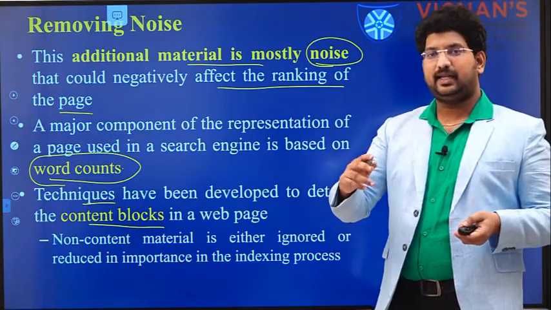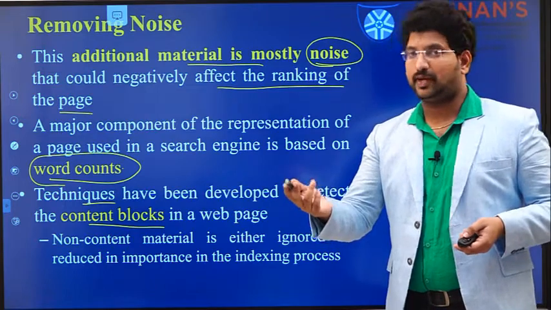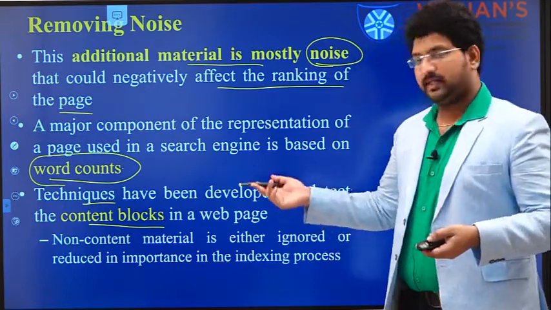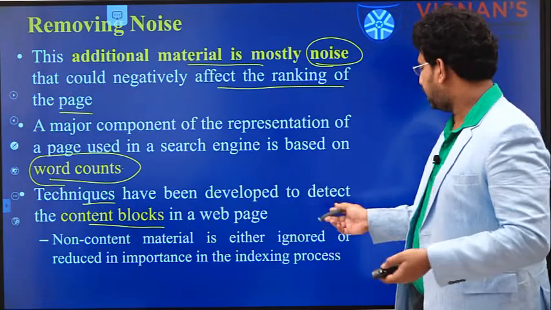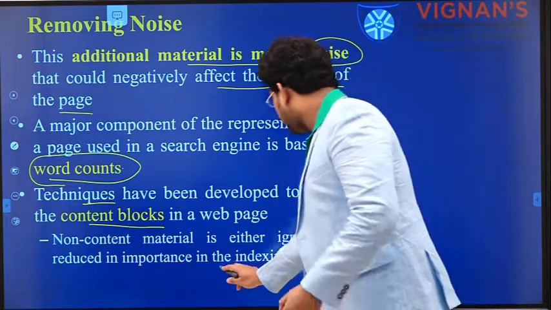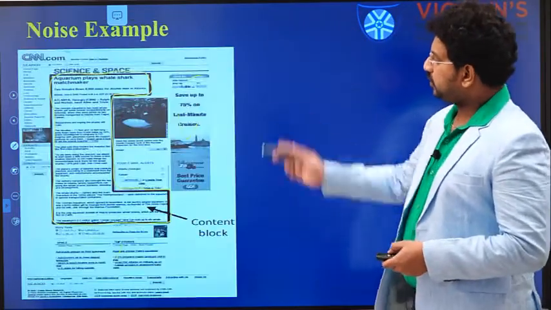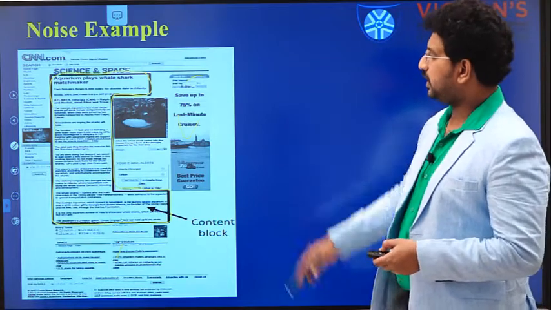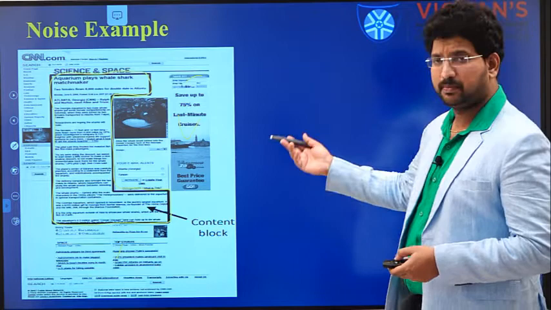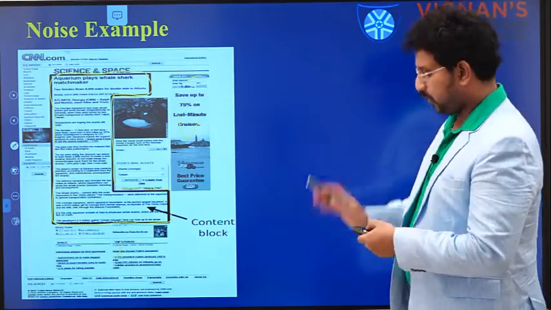The content always plays an important role whenever a person is trying to retrieve information, but the non-content material is either ignored or reduced in importance in the indexing process. As I already explained, this diagram clearly depicts the content blocks, and the remaining advertisements, banners and so on we simply call the noise.